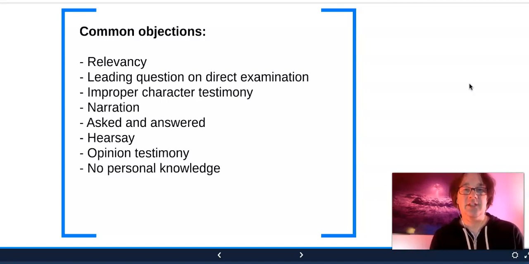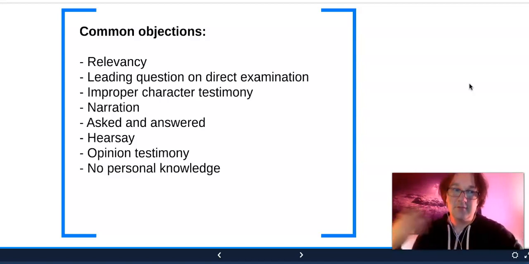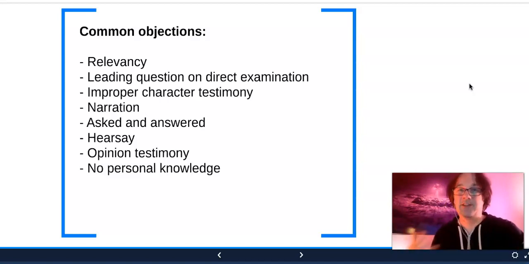You start to go into a narrative and start telling a story instead of answering a question. So you might say, objection, Your Honor, narrative, or objection, narration, and that basically means answer the question. Don't tell us a story. Like, find a question in there for this person to answer.